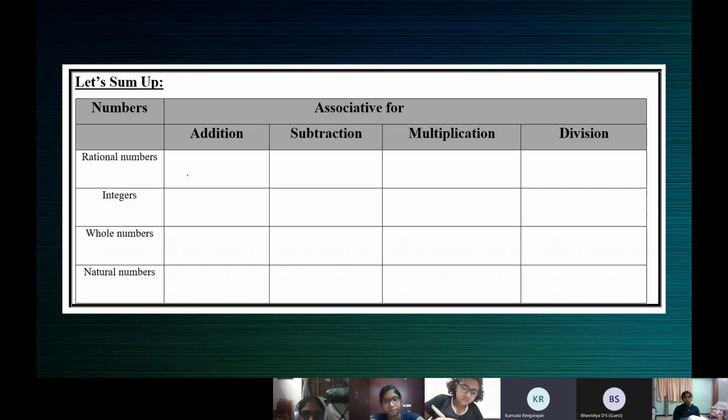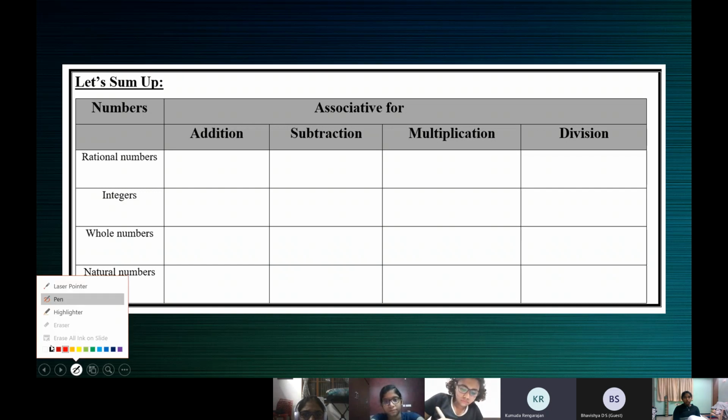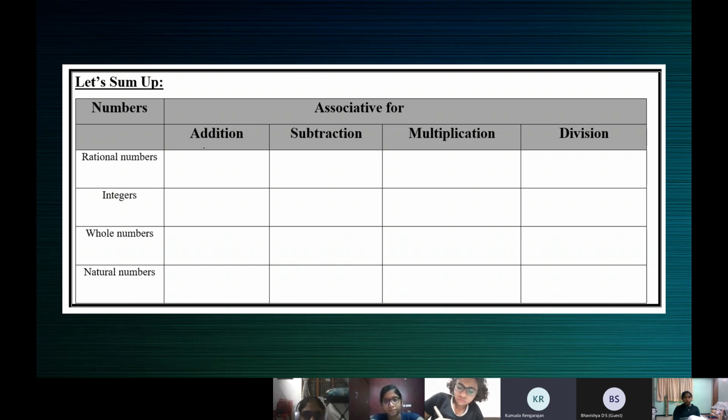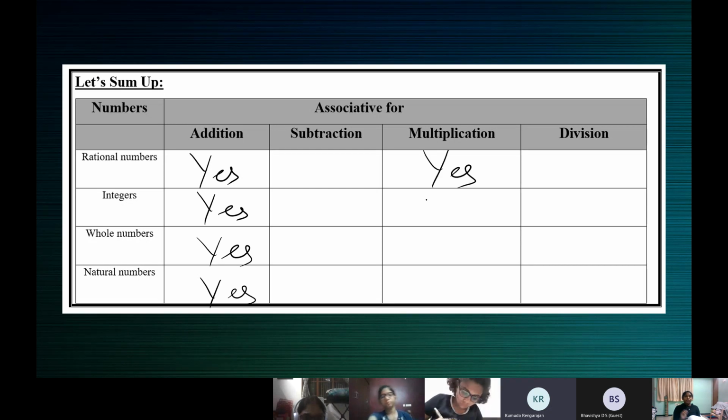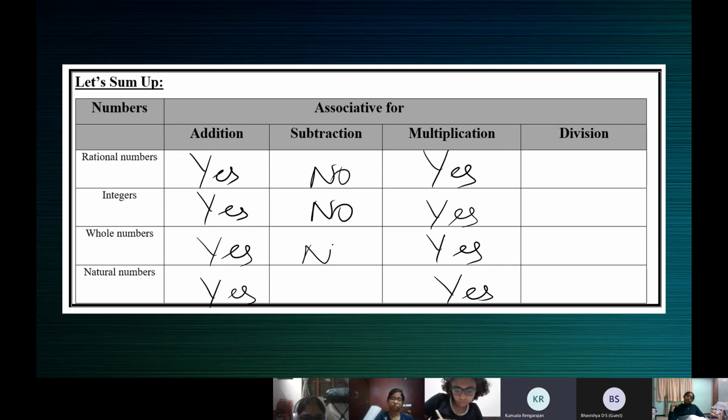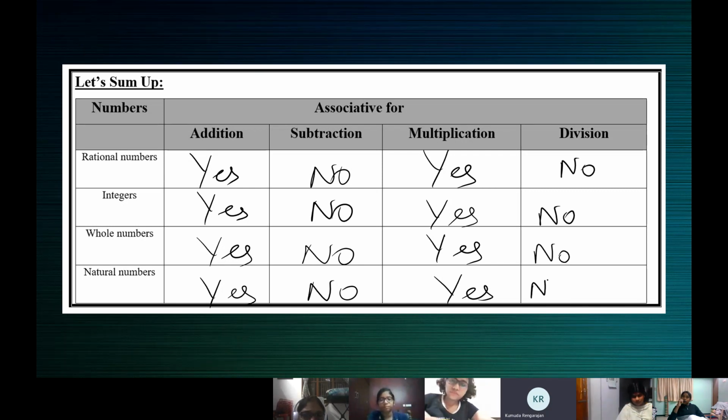All right, children, let's fill this table. Just for you to remember easily, associative for addition, yes everywhere. For multiplication, yes everywhere. For subtraction and division, no. I'm not telling you this without explaining; now you know how to check.